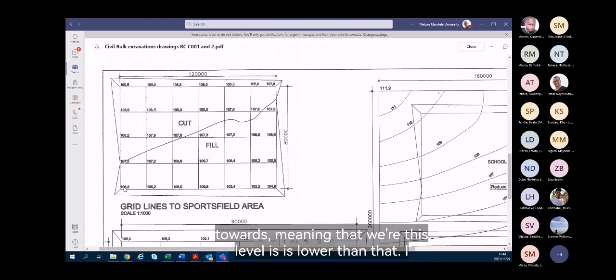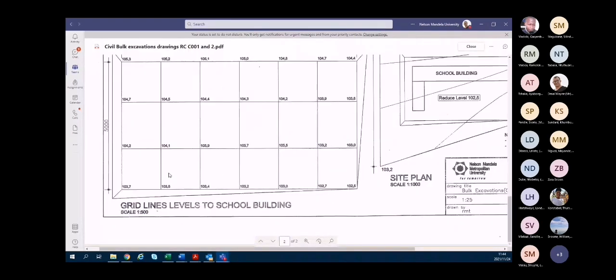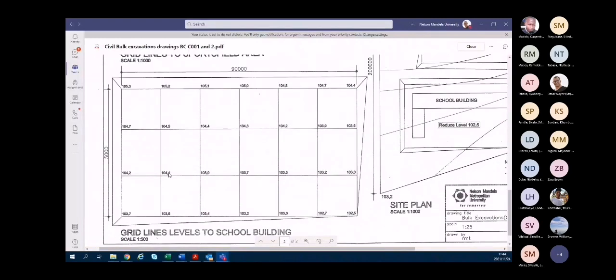Meaning that where this level is lower than that, I will have to bring fill in over here to ensure that we arrive at that level of 107.5. And these would be cut down to that. Right?